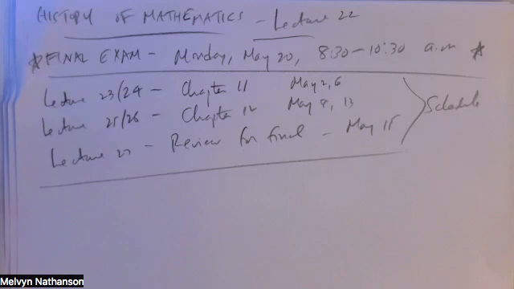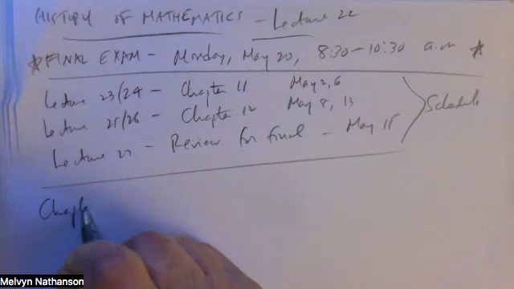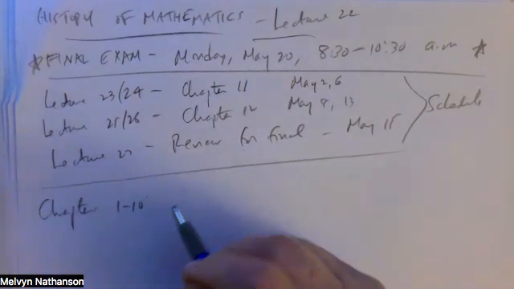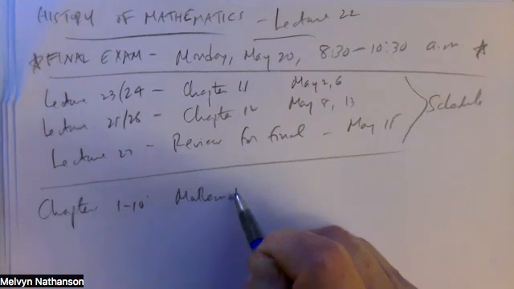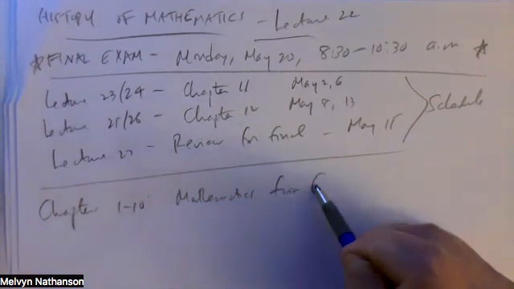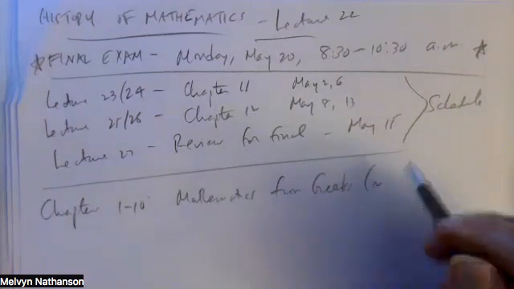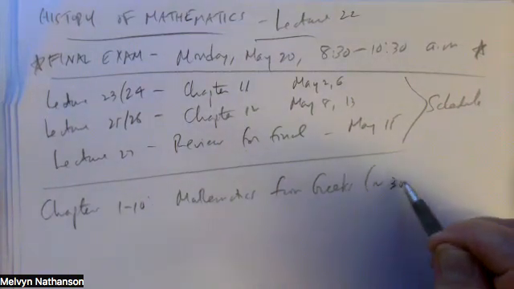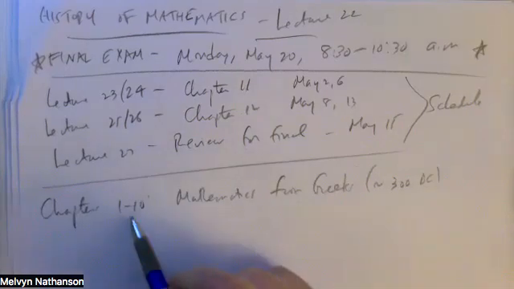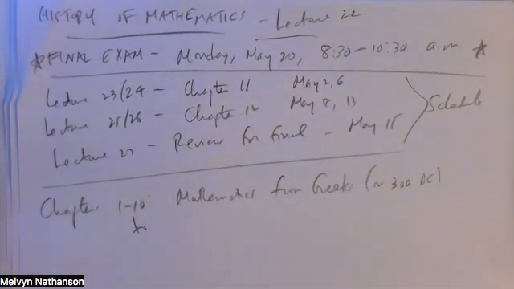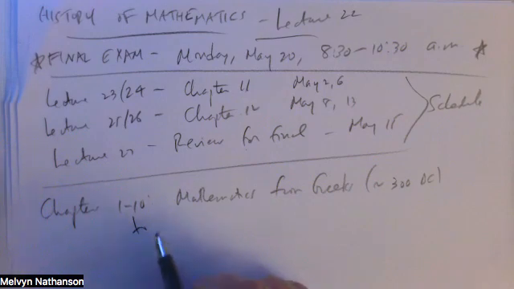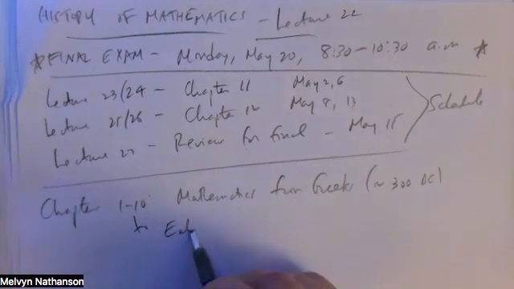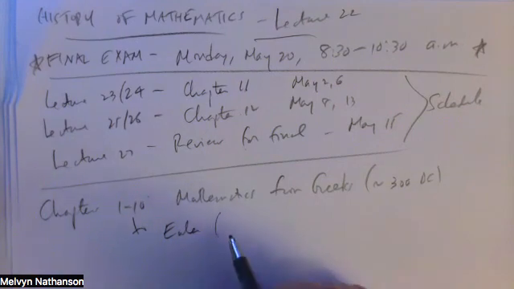So up to this point, let's say chapters 1 to 10 covered mathematics from the Greeks about 300 BC to the last work and the last mathematician we considered, Euler, in the 18th century.